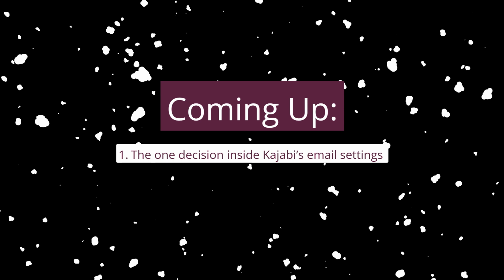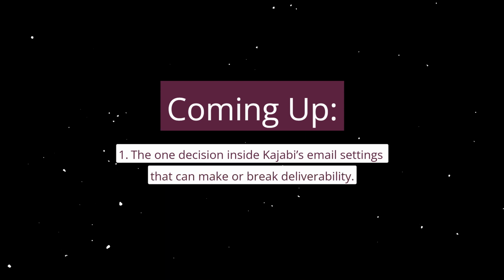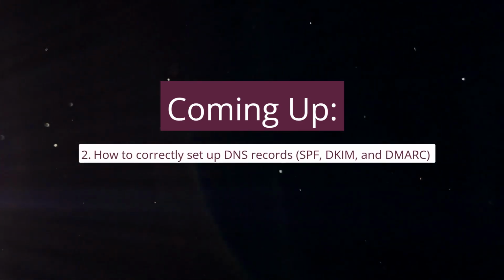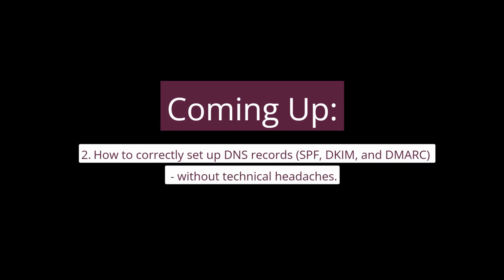So here's what we're going to cover in this video. First, the one decision inside Kajabi's email settings that could potentially make or break deliverability. Second, how to correctly set up your DNS records, especially the SPF, DKIM, and DMARC, without getting technical headaches. Stay with me on this one, it's pretty straightforward.